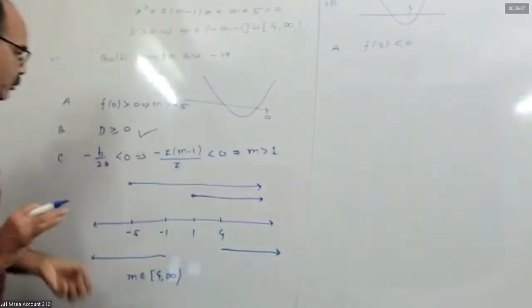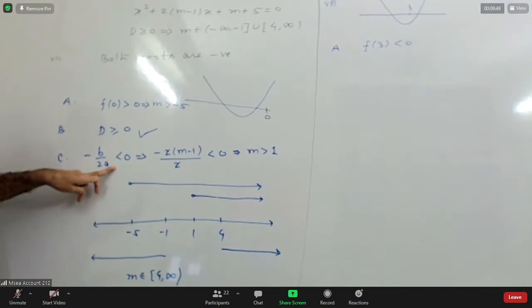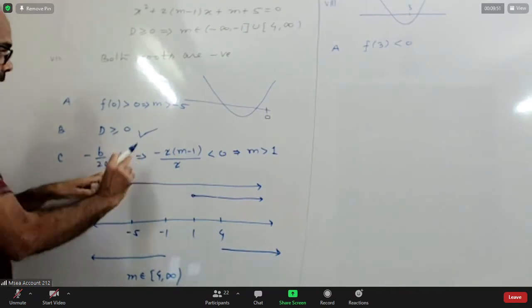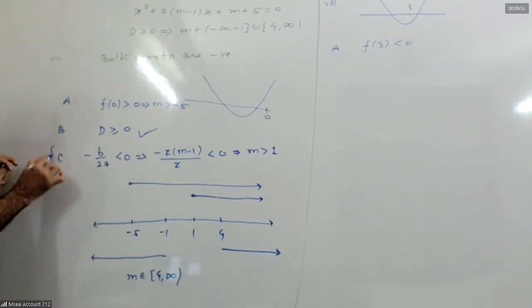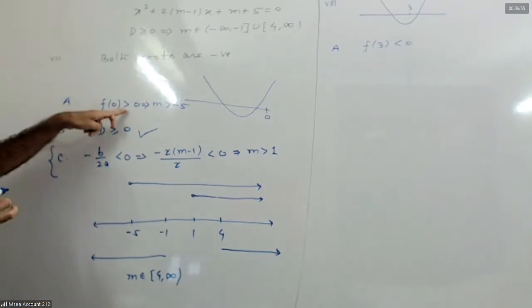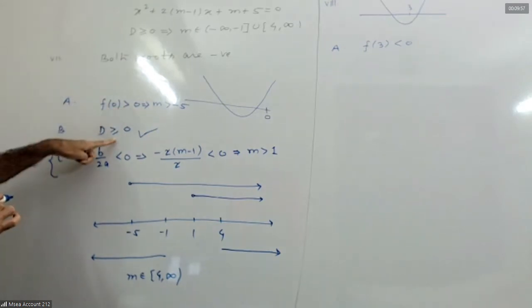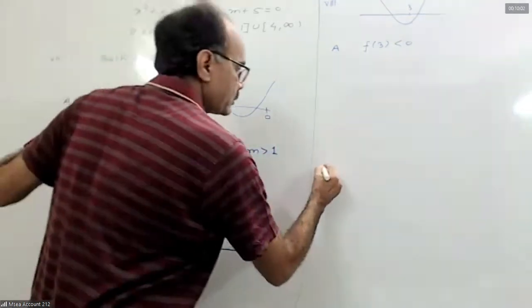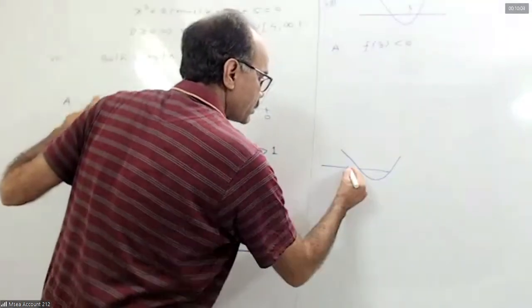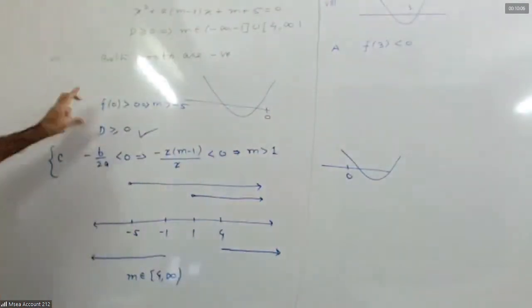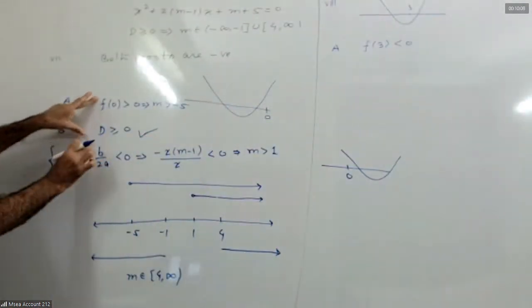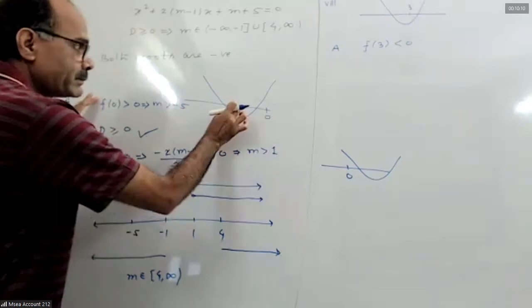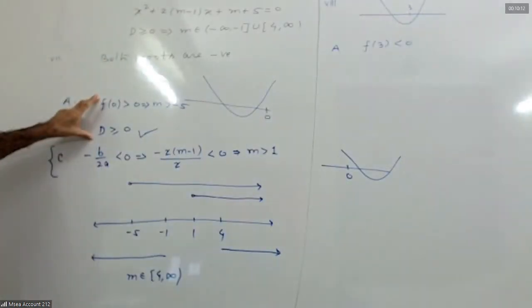In this case, why I impose minus b by 2a less than 0? Look at here. If you don't impose this condition, f(0) positive, D greater than or equal to 0, under these two conditions, this graph is possible as well as this graph is possible. Yes, sir. Okay, but we want which one?